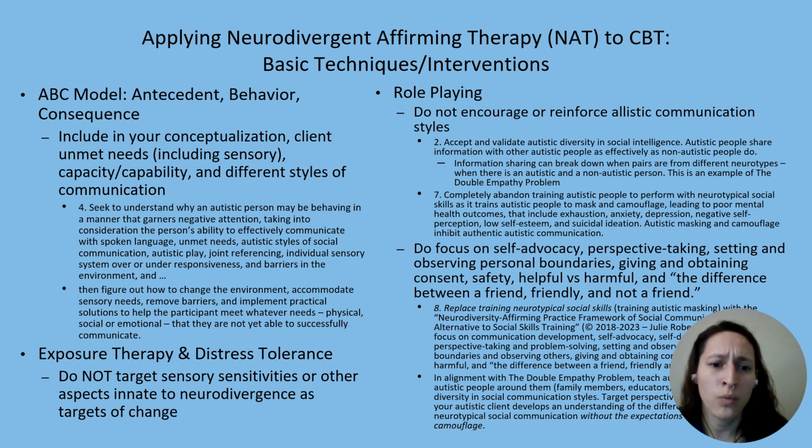So seek to understand why an autistic person may be behaving in a manner that garners negative attention, taking into consideration the person's ability to effectively communicate with spoken language, unmet needs, autistic styles of social communication, autistic play, joint referencing, individual sensory systems, over and under responsiveness, and barriers in the environment. And then figure out how to change the environment, accommodate sensory needs, remove barriers, and implement practical solutions to help the participant meet whatever needs, physical, social, or emotional, that they are not yet able to successfully communicate on their own.